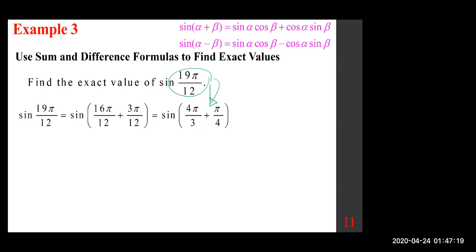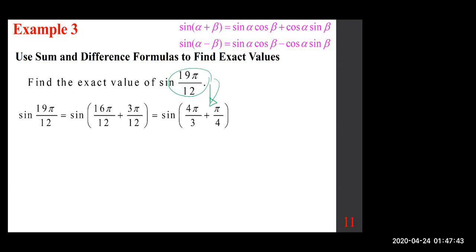By the way, for example, just to understand 4 pi over 3, I want to make sure you understand which quadrant. If it were 3 pi over 3, that means 180 degrees. That means pi. That means it's a straight angle. But because the numerator is 4 pi, then it puts you in the third quadrant.